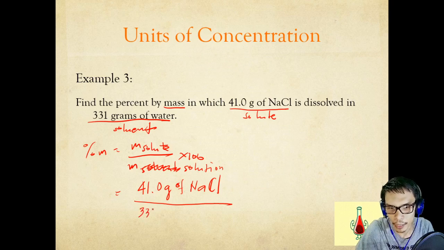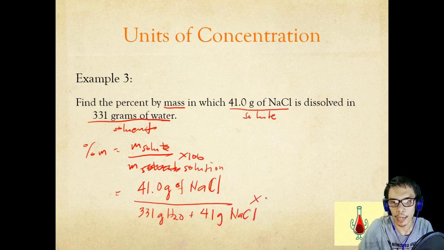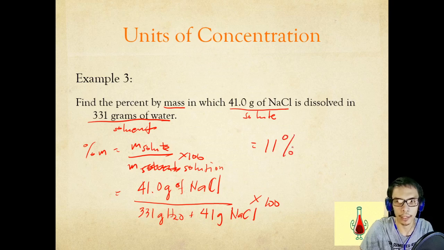So we have 331 grams of water plus 41 grams of NaCl, times 100. If you do the math correctly, the answer here will be 11%.